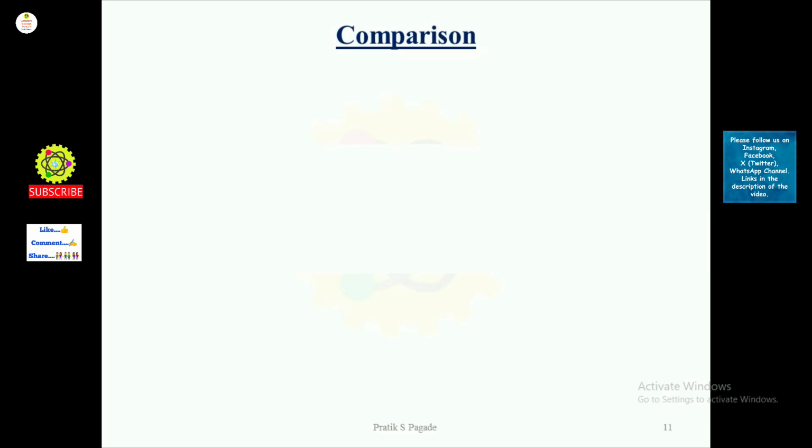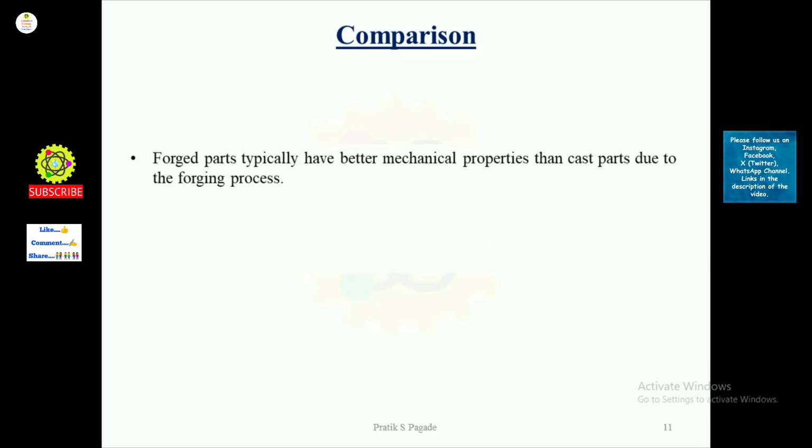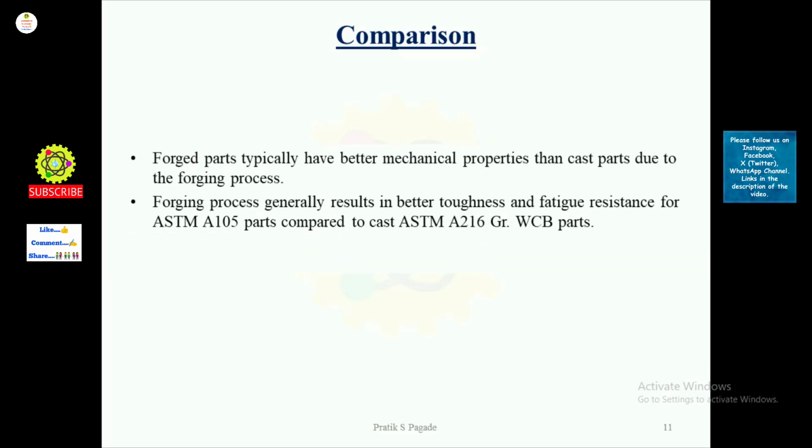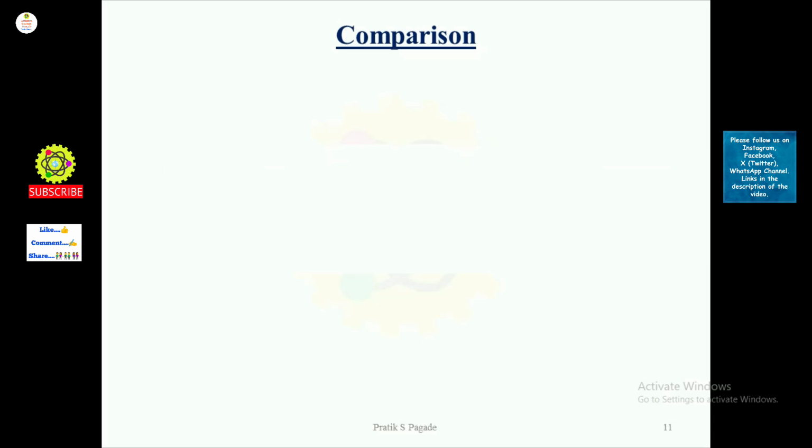Okay, so now let's see the comparison of this ASTM A216 grade WCB with ASTM A105, that is casting material and forging material. ASTM A105 is actually a forging material and ASTM A216 grade WCB is a casting material.